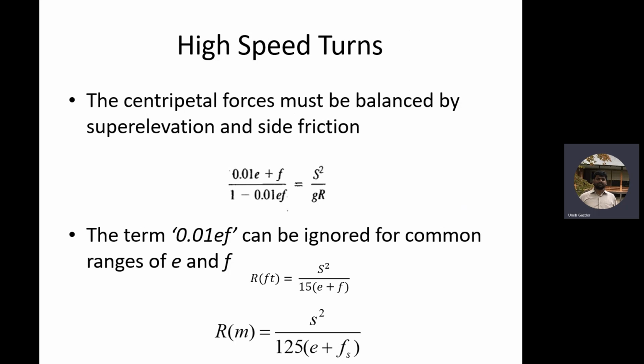But we know that the speed of the car is not measured in feet per second or meter per second. It is either measured in kilometer per hour or miles per hour. But the radius cannot be in kilometers and miles.